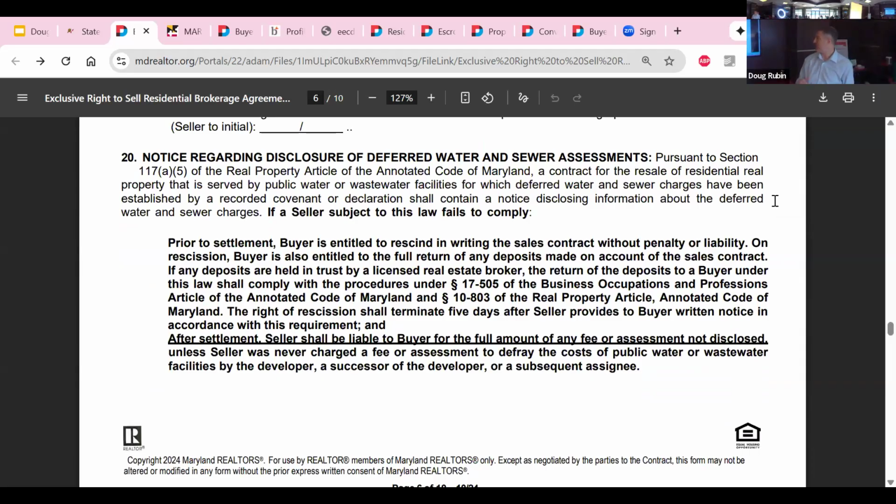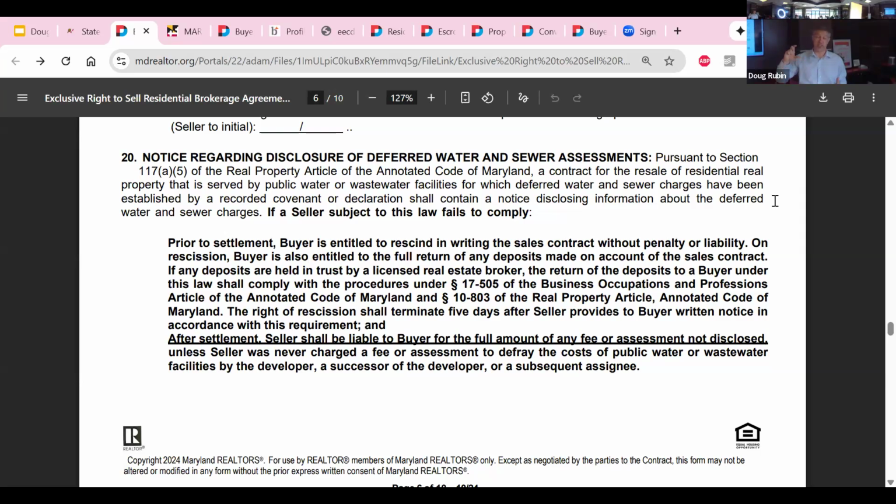If you ever see something called a front foot fee, sometimes referred to as deferred water and sewer fees, these are when builders are putting together these developments and say, we probably need sewer lines and water lines. At some stage, they figured out that they could bill all future owners to pay them back for that, which is truly a great deal for the developer.